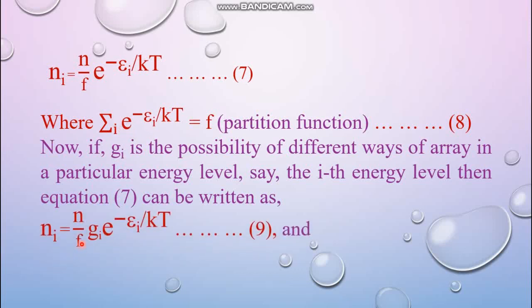Okay, so from the denominator of the left hand side of equation 7, g_i can be moved to the numerator of the right hand side of equation 9. Okay, so the final expression for a degenerate system is n_i equals N by f, g_i exponential minus epsilon_i by kT. And in that case, what should be the form of f? Now the form of f is sum over i g_i e to the power minus epsilon_i by kT. Okay, this is equation 10.